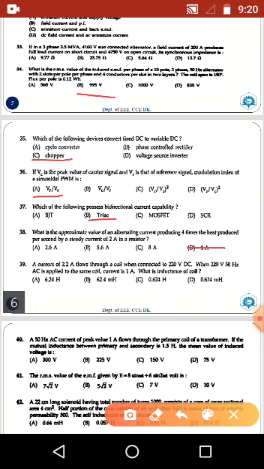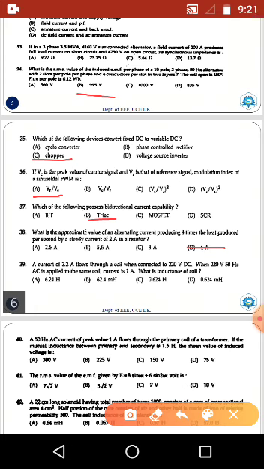39th question. A current of 2.2 ampere flows through a coil when connected to 220 volt DC. When 220 volt 50 Hertz AC is applied to the same coil, current is 1 ampere. What is the inductance of the coil? So, when DC supply is given, we can determine the resistance by V by I, and when AC is given, we can determine the impedance of the coil by V by I, that is AC voltage by AC current.